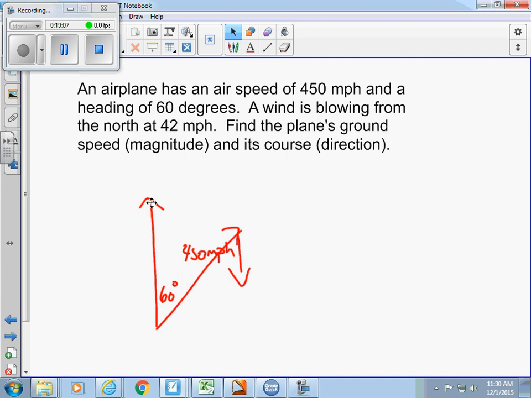You did the parallelogram. So you also have that option. If you want to draw the parallelogram here, it will give you the same. They both work great. That's a magnitude of 42 miles per hour.